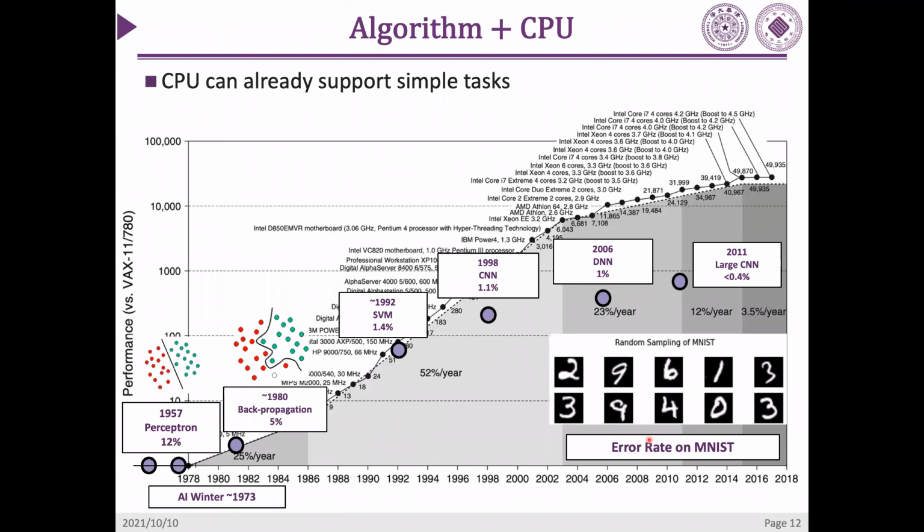We can see that CPU can support some very simple machine learning algorithm, especially for the MNIST, perceptrons, SVM, and so on. So for before 2011, we can see, okay, we can use the CPU for very simple tasks.